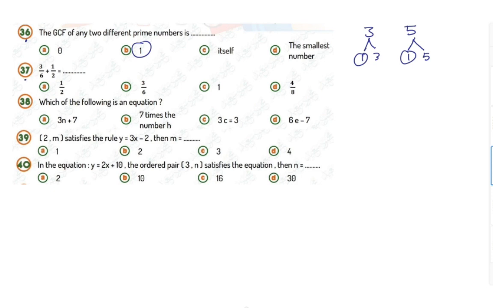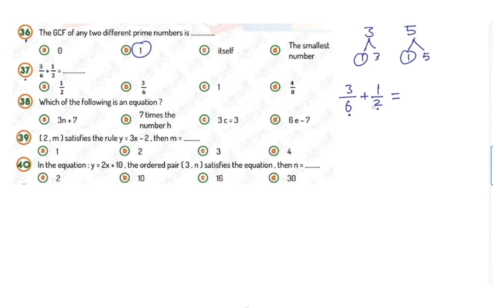Point 37. We have 3 over 6 plus 1 over 2 equals. Note with me, here you have 3 over 6 plus 1 over 2. I need to add two fractions together. Of course, the first look is at the denominator. We must have the same denominator here, but 2 is not 6.